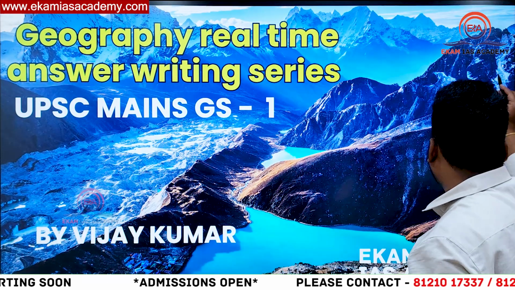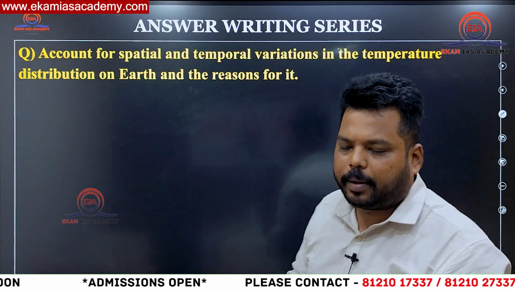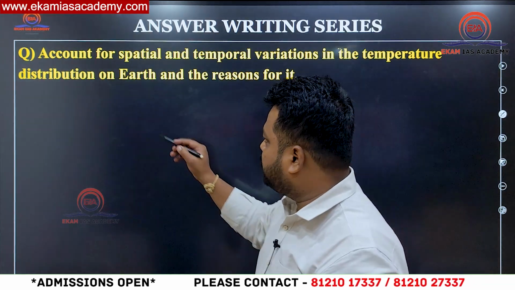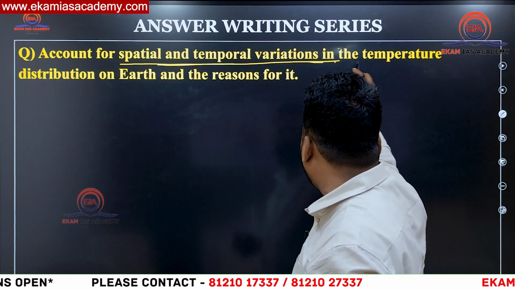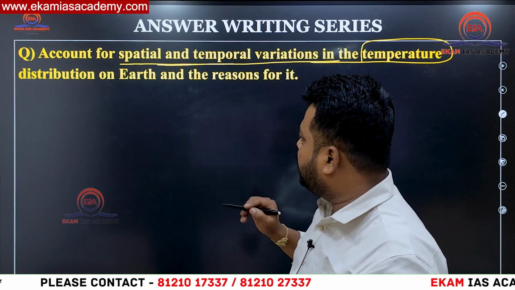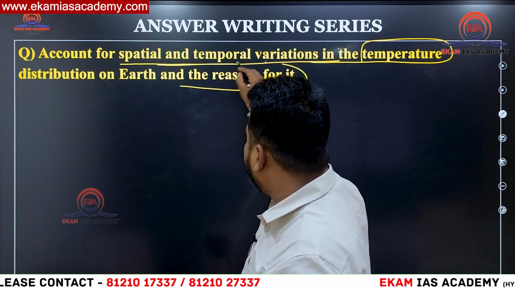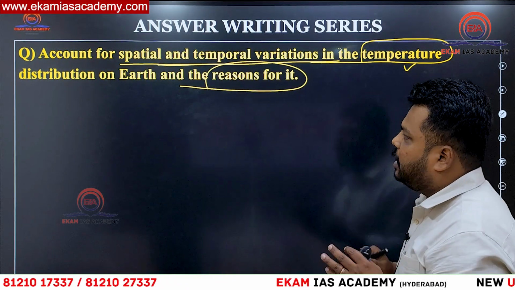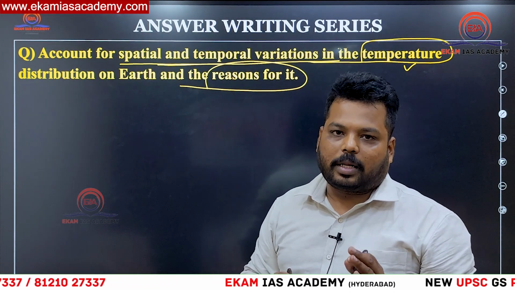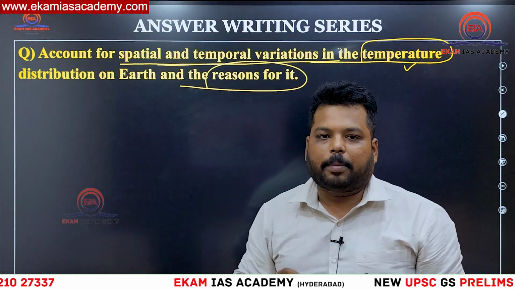Clear? So we will be moving into the question of the day: account for spatial and temporal variations in the temperature distribution of earth and reasons for it. Here the keyword is temperature and its distribution, and what are the reasons affecting this temperature distribution.